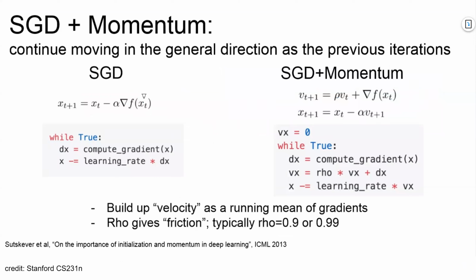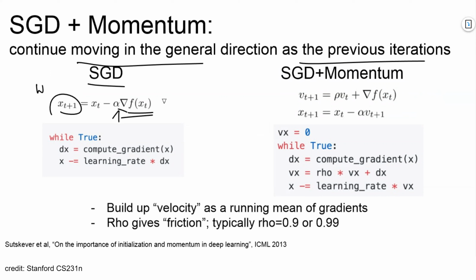Another formulation of SGD with momentum: we continue moving in the general direction of the previous iterations. In the case of SGD, we update, here denoting W as X, where alpha is the learning rate and this is the gradient.